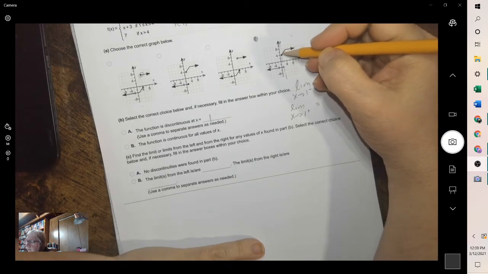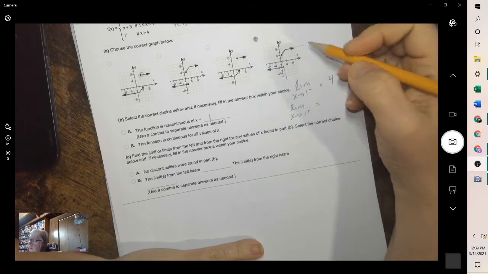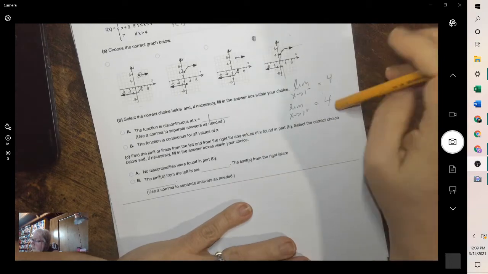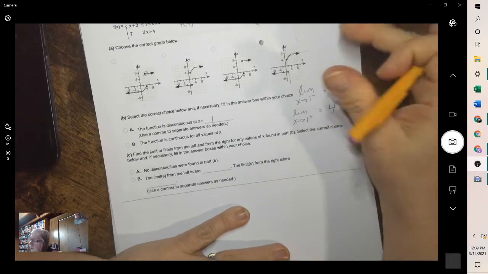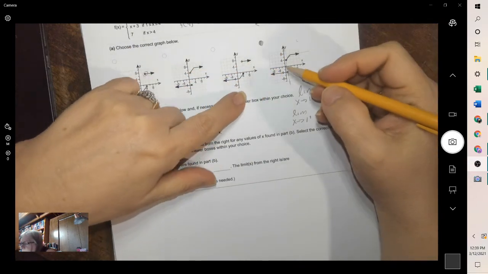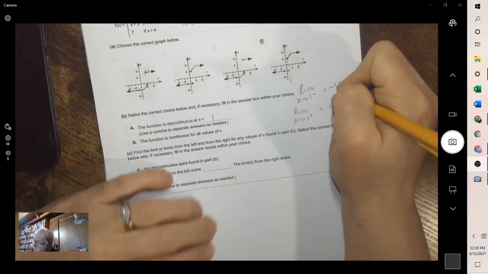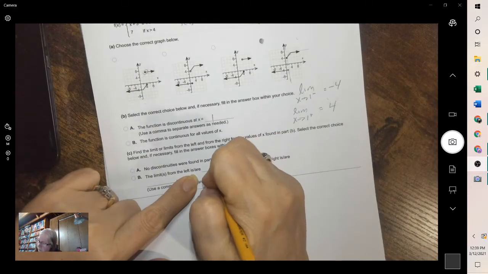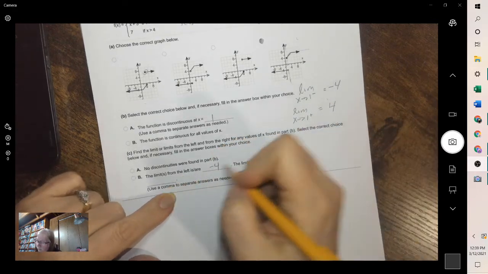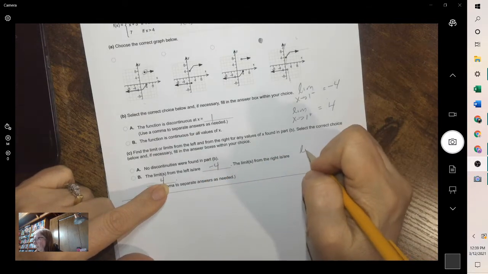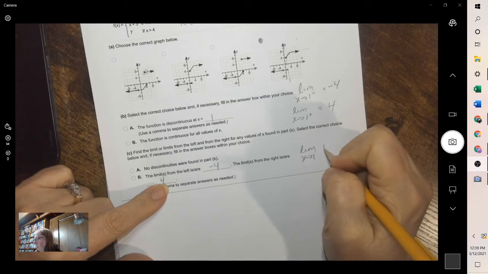From the right, we're on this side, the graph's here, it would be at 4. This one's from the right. From the left, we're on this side, and notice the graph is here at -4. So the limit from the left is -4, and the limit from the right is +4. Since those two are not equal, if we had to find the limit as x approaches 1, it would not exist.